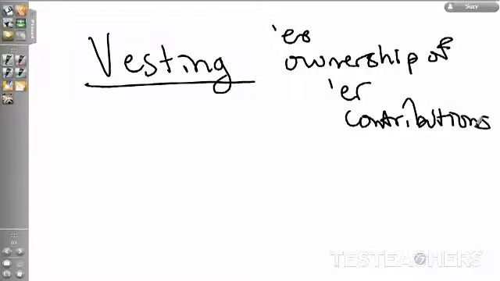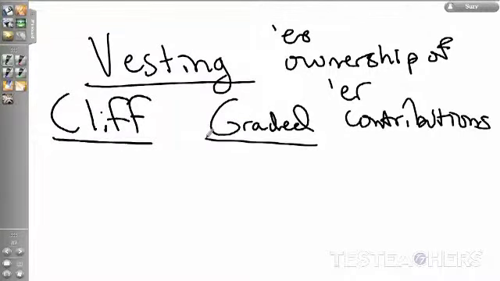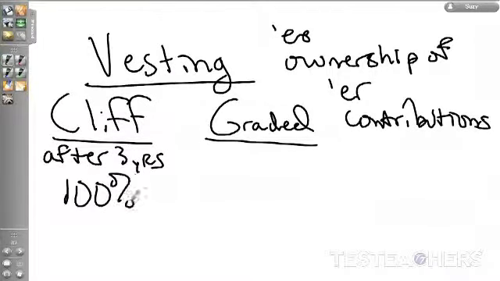They can set it up one of two ways: a cliff vesting schedule and a graded vesting schedule. Under the cliff vesting schedule, after 3 years in the plan, the employee is 100% vested in employer contributions.